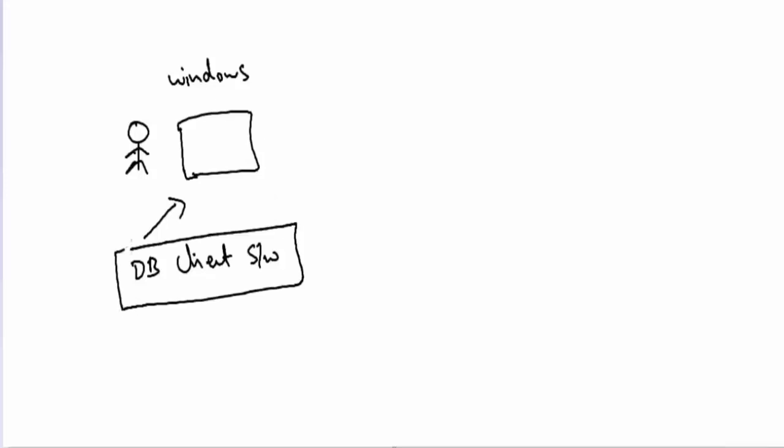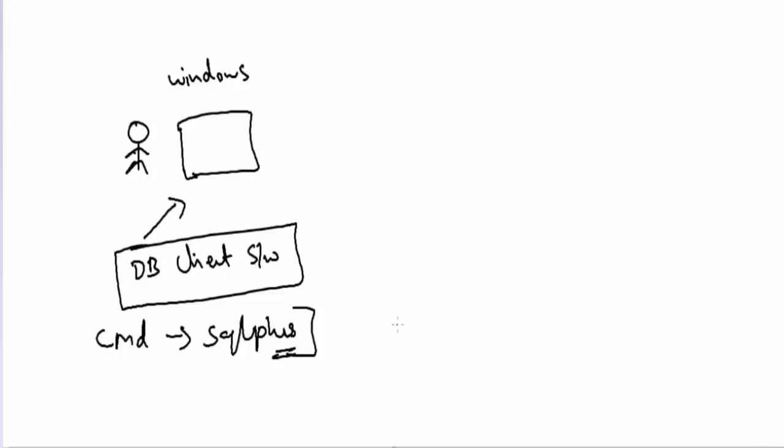Now, when you install the database client software that is also provided by Oracle, this software should be accessed by CMD, your command prompt, and under command prompt you will once again start SQL Plus utility.